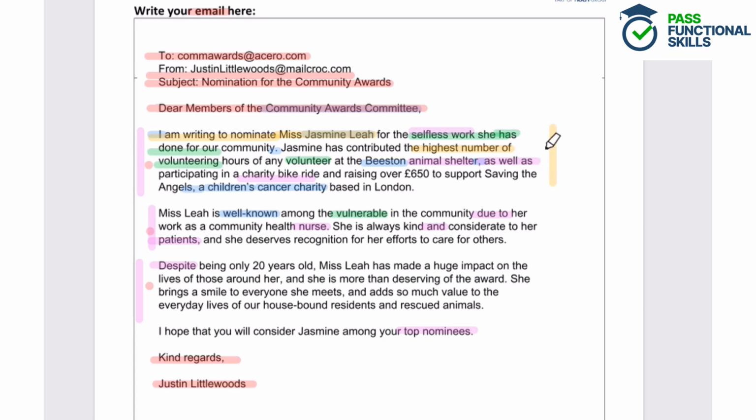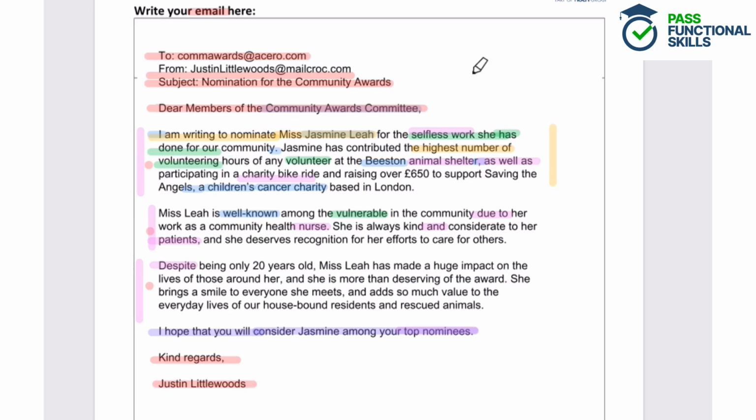It's also suited to the audience of the Community Awards Committee because we don't know the names of the people that we're writing for, but we have correctly addressed it to the awards committee, and we have tailored our answer saying, I hope that you, members of the committee, will consider Jasmine for this award. So make sure that you are matching up to the audience and purpose. We know that this is quite a formal answer because we're writing to these professionals.